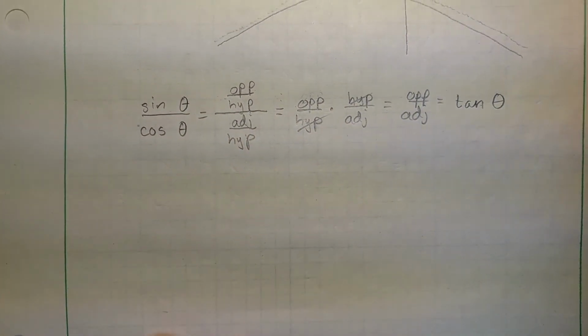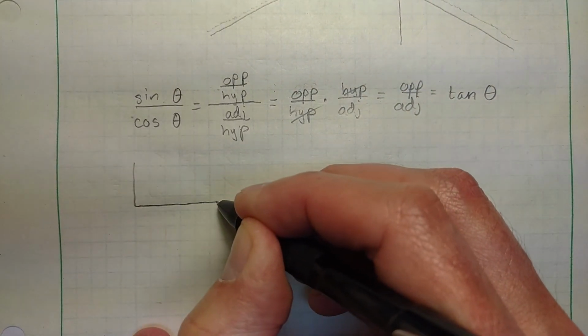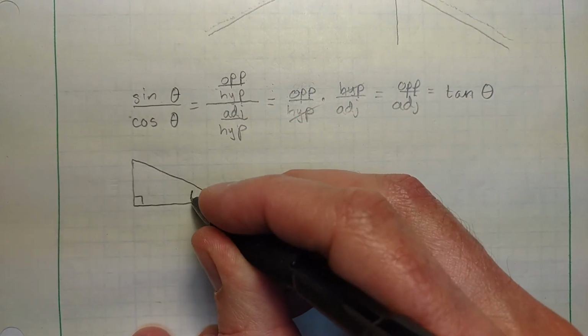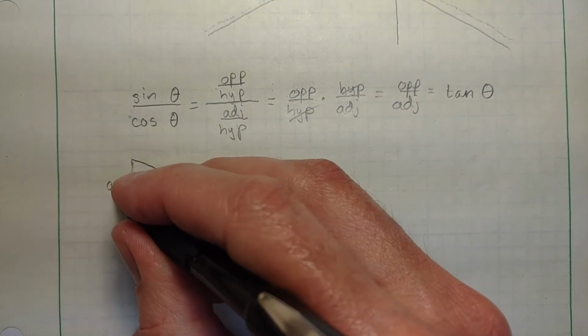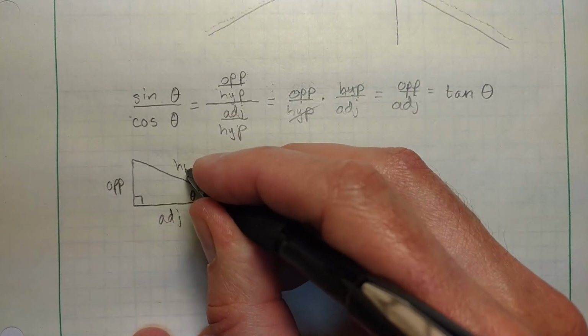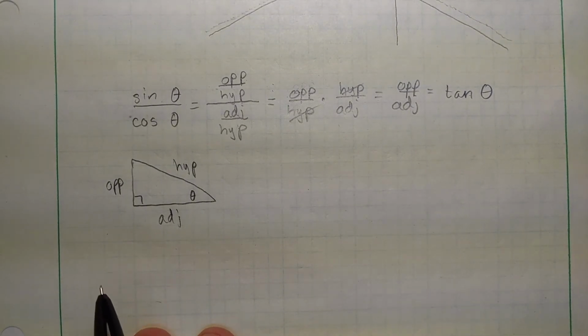So if I look at a right triangle, let's say I have an angle theta, which makes this the opposite side, makes this the adjacent side, and makes this the hypotenuse, like that. Well, I know the Pythagorean relation.